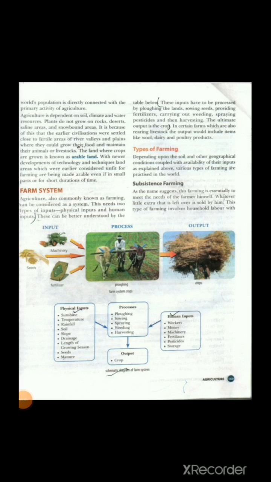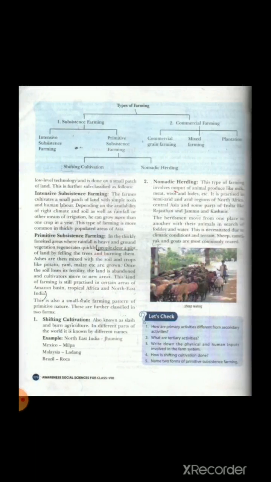In subsistence farming, crops are grown by the farmer for the consumption of his own family. It involves household labor with low level technology and is done on a small patch of land. Subsistence agriculture can be further categorized into intensive and primitive subsistence agriculture.